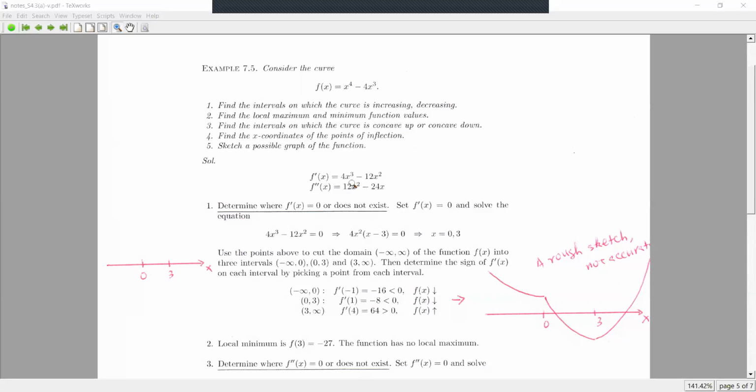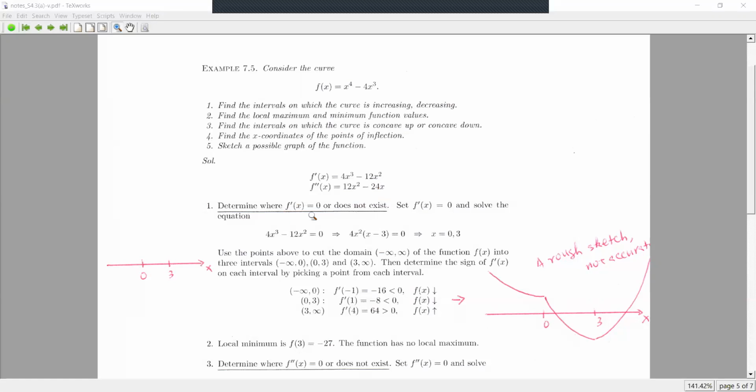Because the derivative is a polynomial, it has no denominator, so the derivative exists everywhere. The derivative doesn't exist at a point where the denominator is 0, but there is no denominator, so no point can make the derivative not exist.